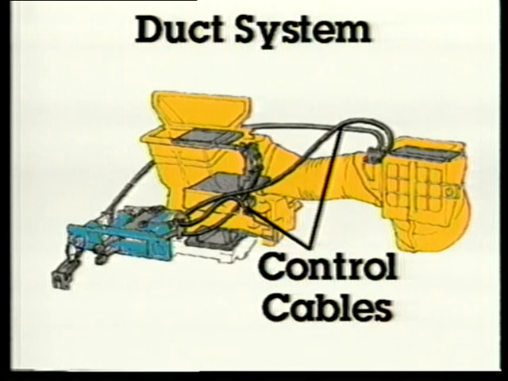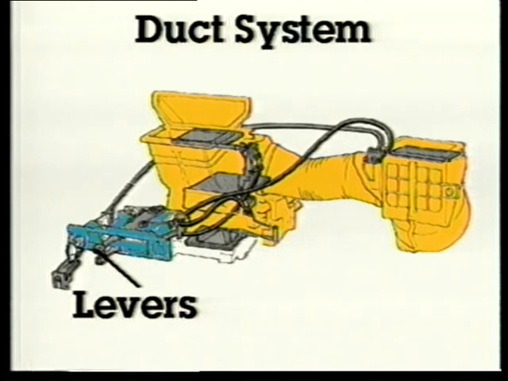The control cables are simply metal wires enclosed in a flexible cable housing. Sliding the lever from the dash control moves the cables to open or close the flaps.